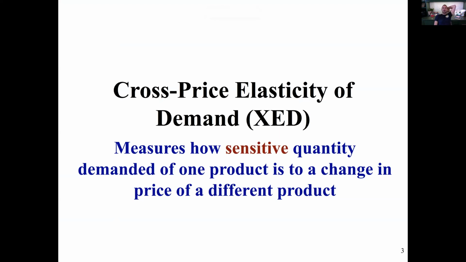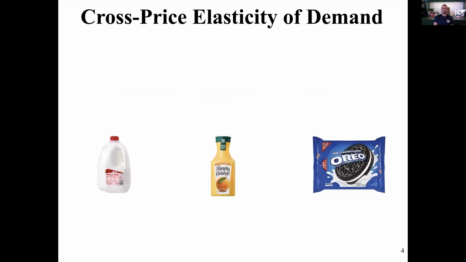If we're looking at cereal and milk, and the price of milk goes up and we buy less cereal, that means these two goods must be purchased in conjunction with one another. So if you get a negative, the two goods are complements. If you get a positive, the two goods are substitutes. So let's look at that.